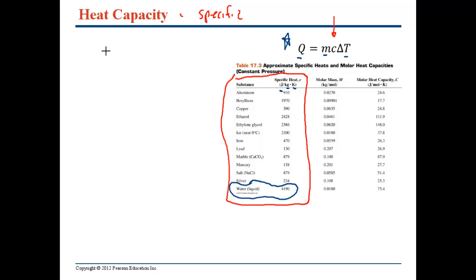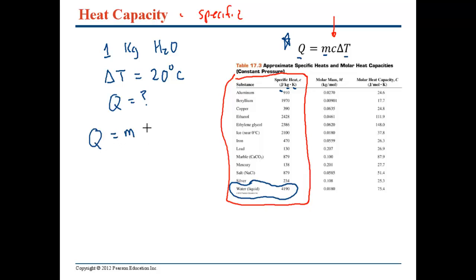Suppose I said, you know what, I've got myself 1 kilogram of water, and I increase the temperature, so a change in temperature of 20 degrees Celsius, this is also going to be 20 degrees Kelvin. How much heat did I need to add to this? Well, my heat is going to be equal to my mass times my specific heat times my change in temperature.